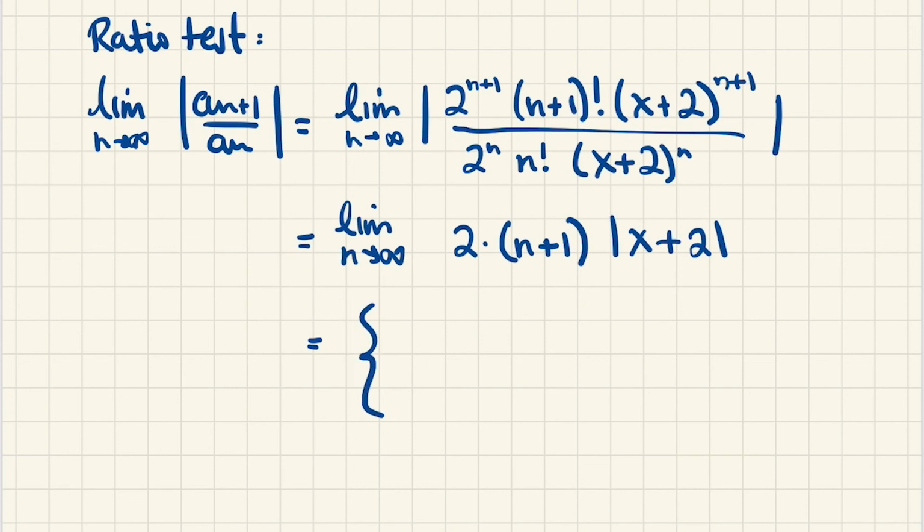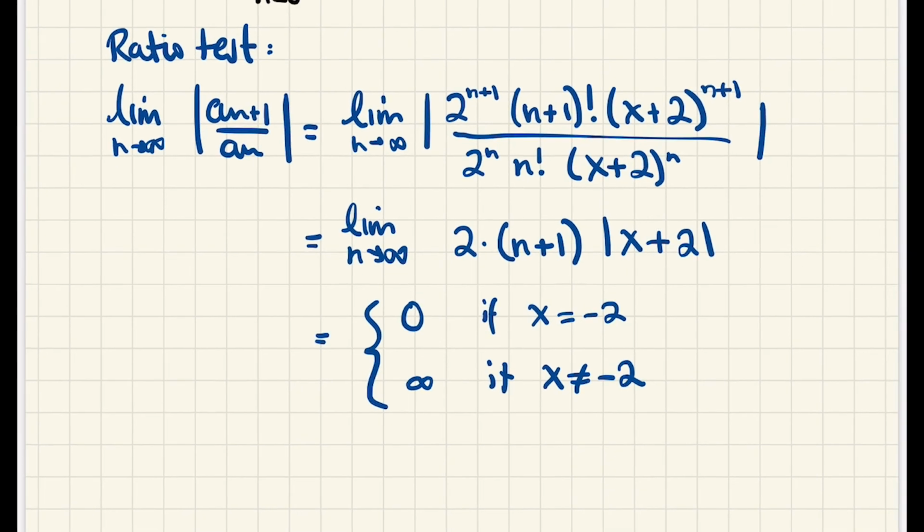So to be clear, the result of this limit depends on the value of x. The result is 0 if x is equal to negative 2. But if x is any other number besides negative 2, then we have some positive number here times a limit that's approaching infinity, which evaluates to infinity.